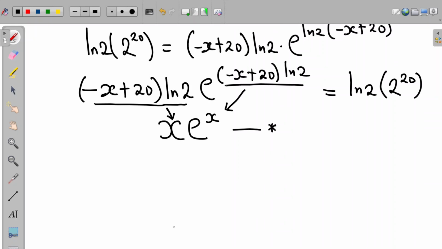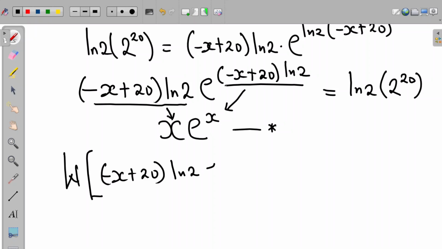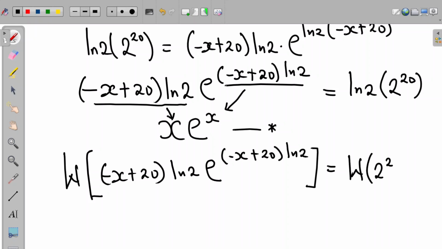So applying the Lambert W function, we have that W open bracket minus x plus 20 multiplied by ln 2, e to the power of minus x plus 20 multiplied by ln 2, close the bracket, equal to W of 2 to the power of 20 multiplied by ln 2.